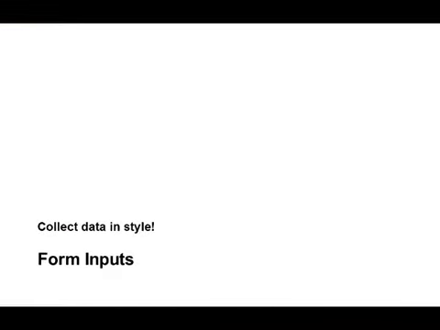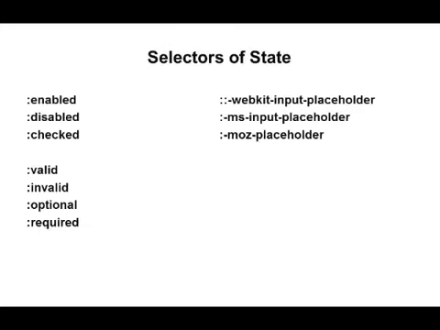Now we're going to continue the same mode of thinking with selectors, except specifically with the use of form inputs. As the user is providing data, there's state of data that we may want to style accordingly. So think of it that way, selectors of state with regard to the data that's being provided. We can provide styling based on if something is enabled, disabled, or checked, whether it's valid, invalid, optional, or required.